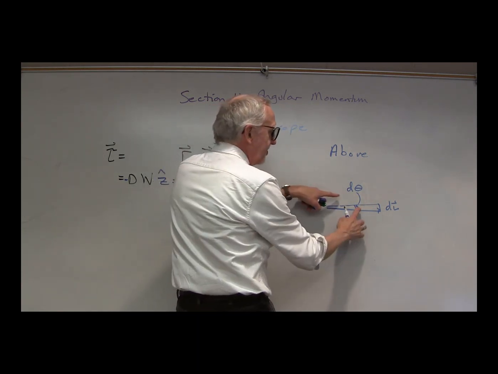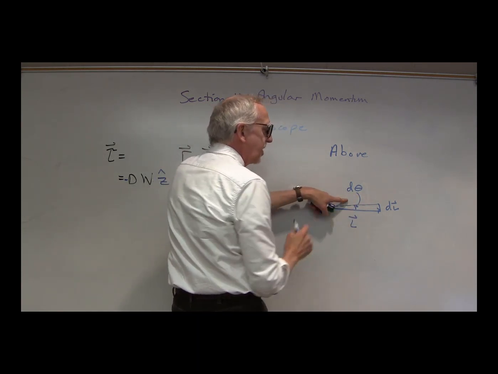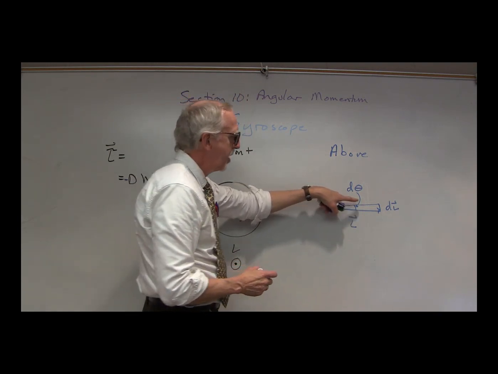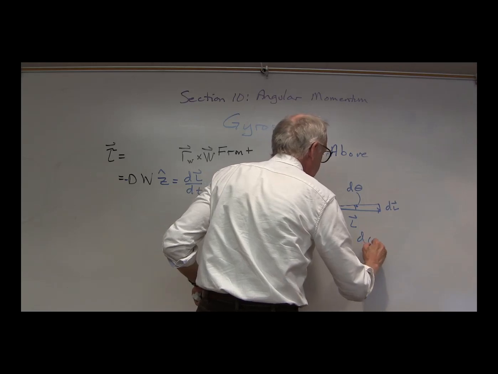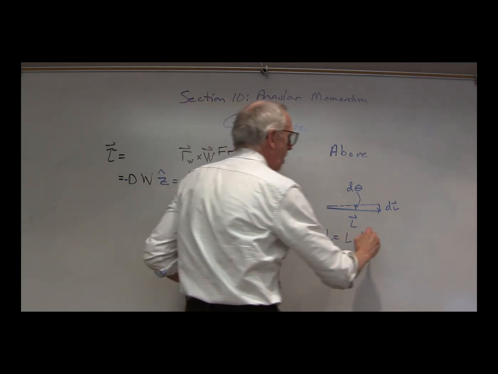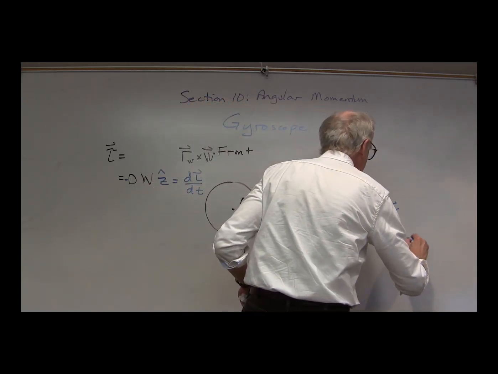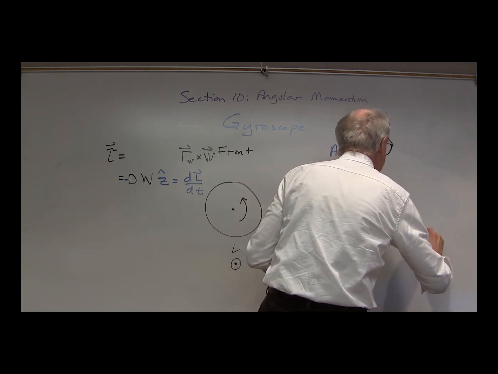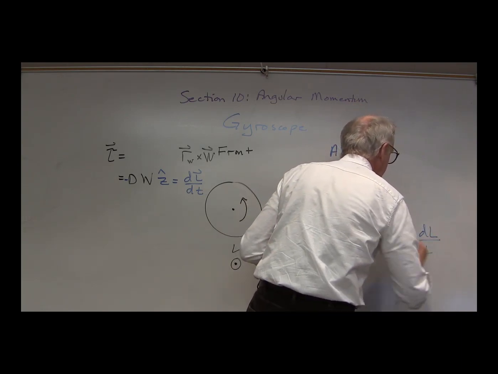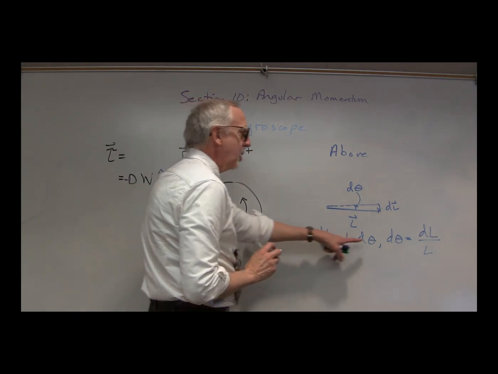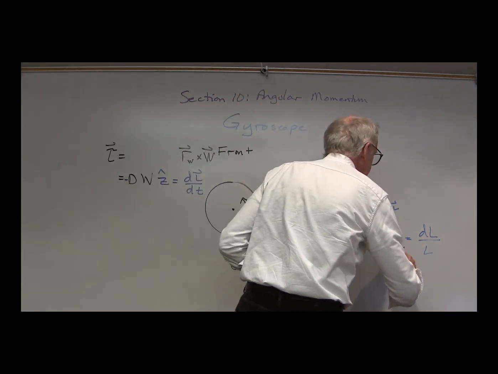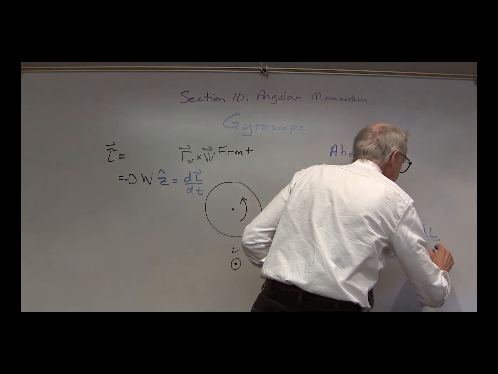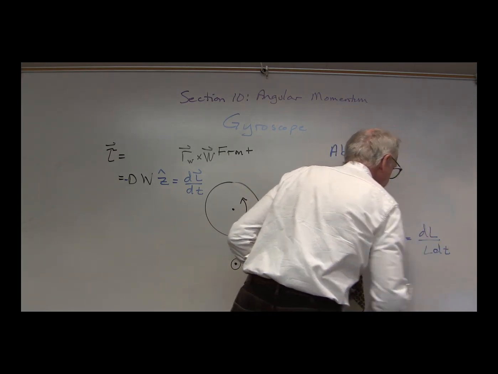If this is a rotation through some angle, we'll call that d theta, what we know is that dL equals L d theta, or d theta equals dL over L. Now let's divide both sides by dt. d theta over dt equals dL over L dt.